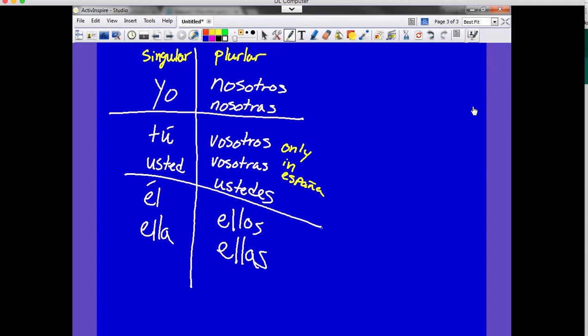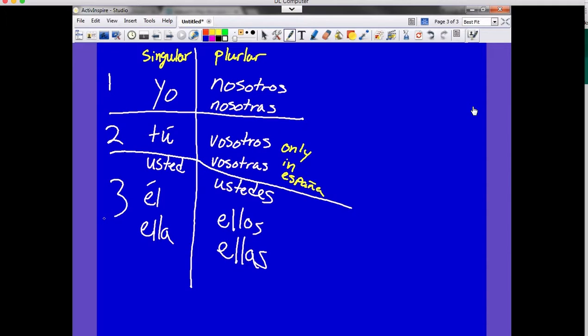This would be our first person, second person, third person, right? But let me show you a weird thing that's going to drive a lot of us nuts in Spanish. Usted and ustedes actually get third person treatment.